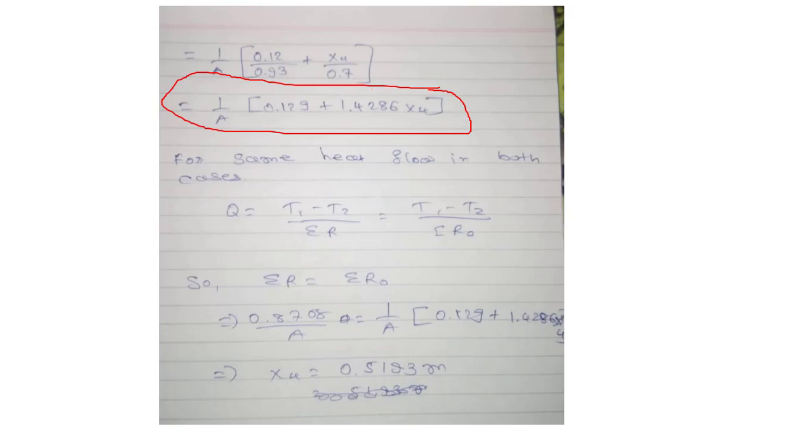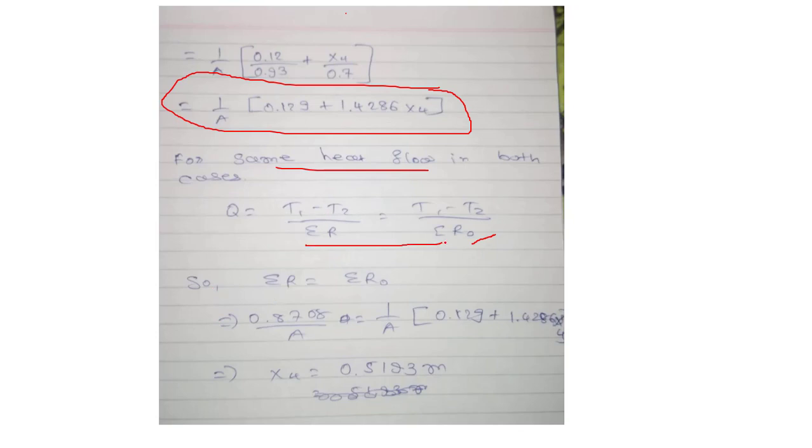Now, as given in the numerical, the heat flow in both cases is the same, so Q is equal to T1 minus T2 upon sigma R, which is the same as T1 minus T2 upon sigma R0. R0 is used for the heat flow without diatomite.